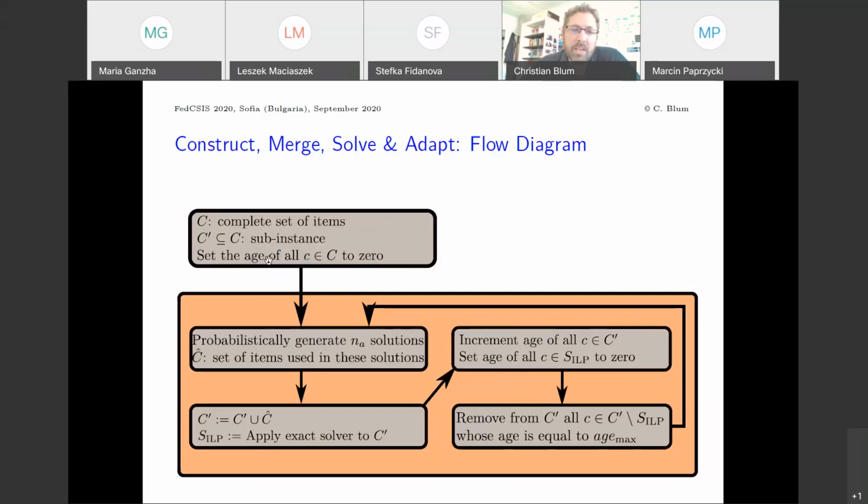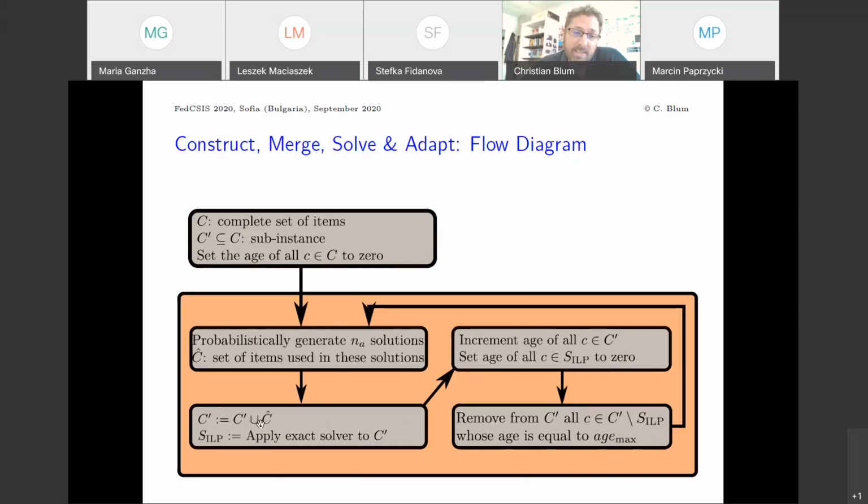Each item has an age value which is initialized to 0. Then in each iteration, we do the following 4 steps. First, we probabilistically, for example, by using a greedy heuristic in a probabilistic way, generate a number of solutions. And let C hat be the set of items used in these solutions.